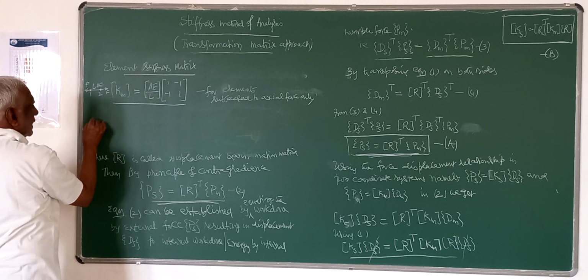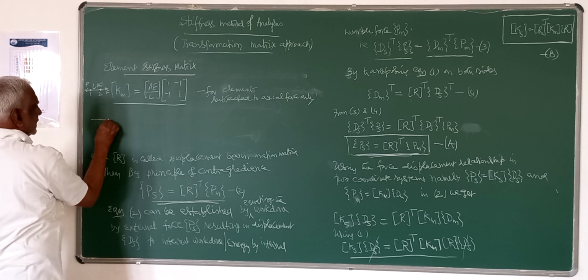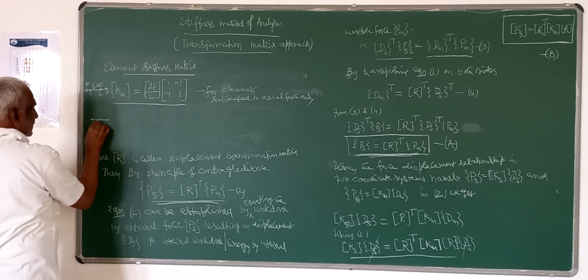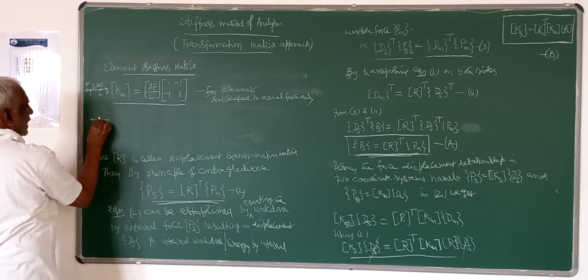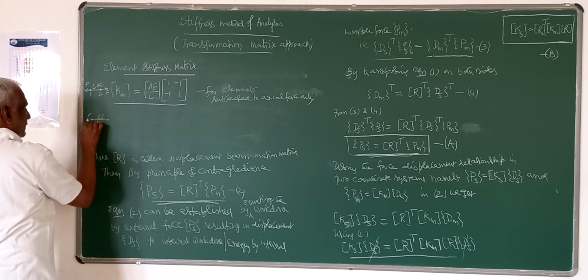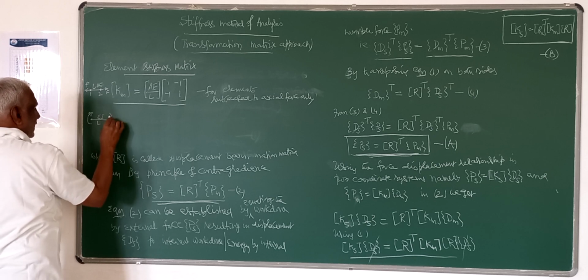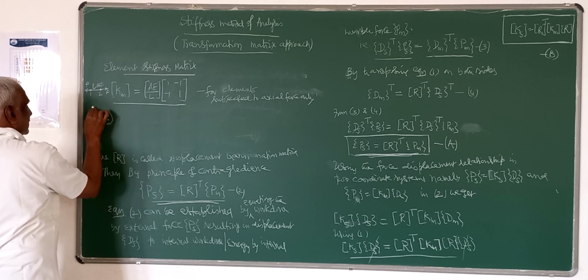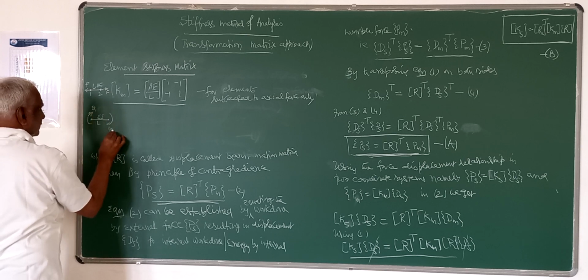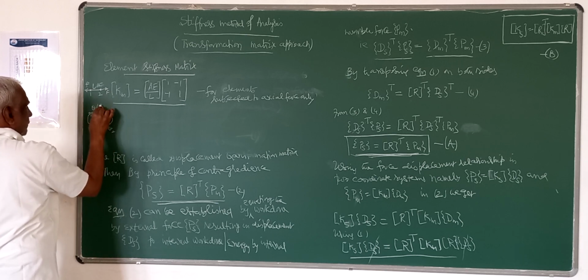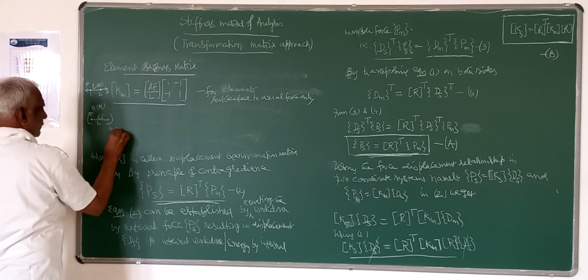And similarly for a beam element which is having a length L and flexural rigidity EI and subjected to the two end displacements, that is theta 1, theta 2, with end moments M1 and M2.